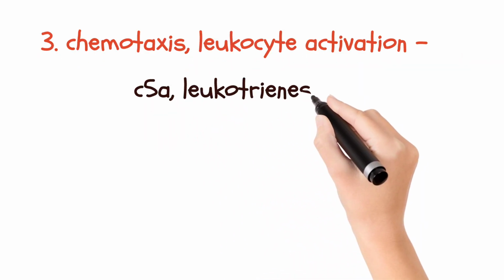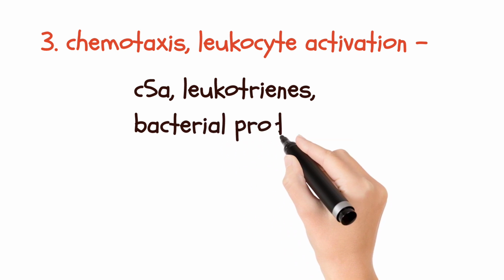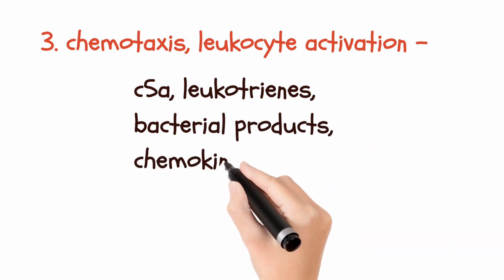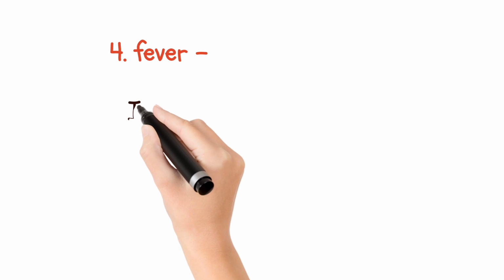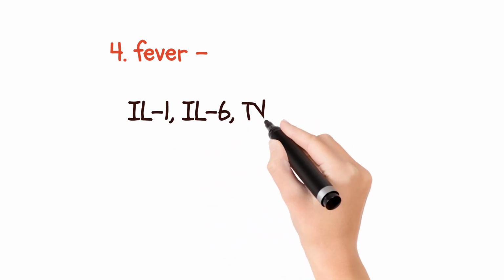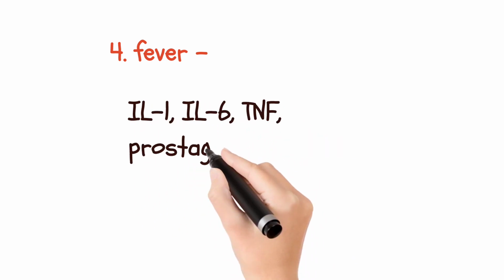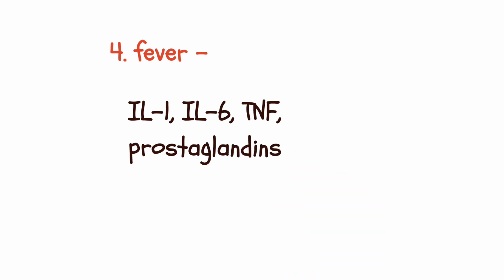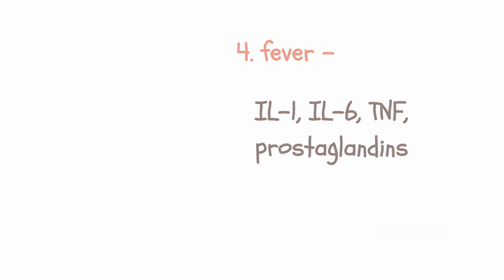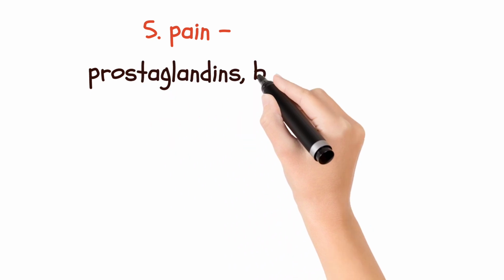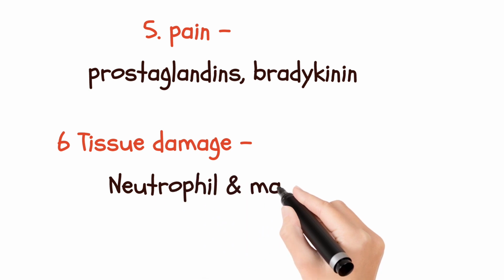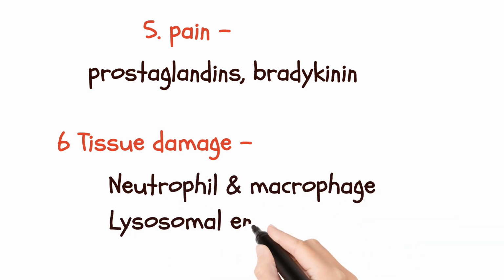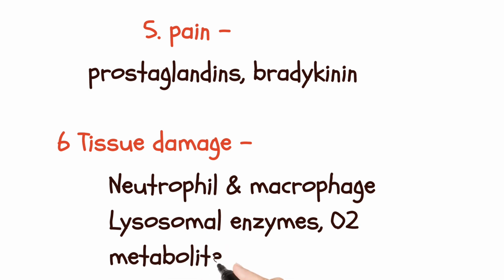C5a, leukotrienes, bacterial products, and chemokines can cause chemotaxis and leukocyte activation. Interleukin-1, interleukin-6, tumor necrosis factor, and prostaglandins cause fever. Pain is caused by prostaglandins and bradykinin. Tissue damage is caused by neutrophil and macrophage lysosomal enzymes.